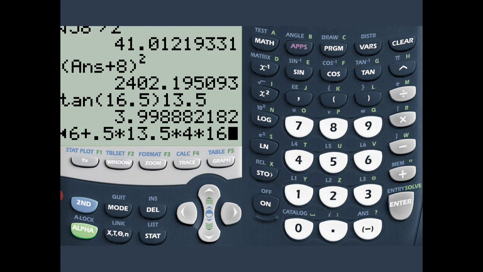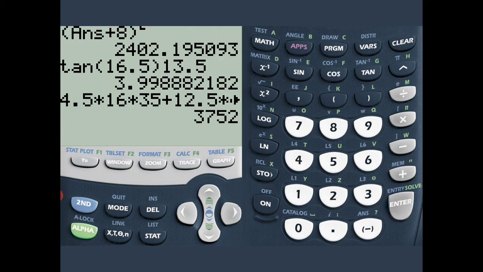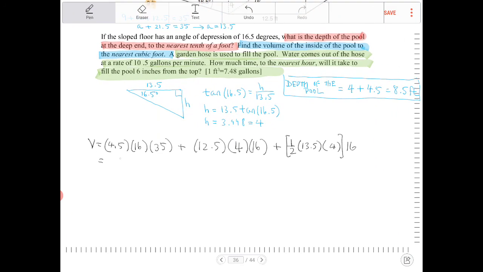Right? That's the volume of the triangular prism. So all of that is 3752. So this will be 3752 cubic feet.